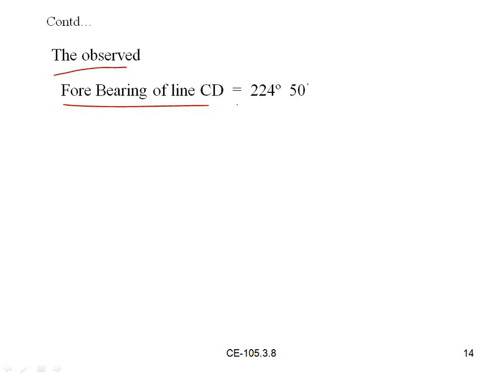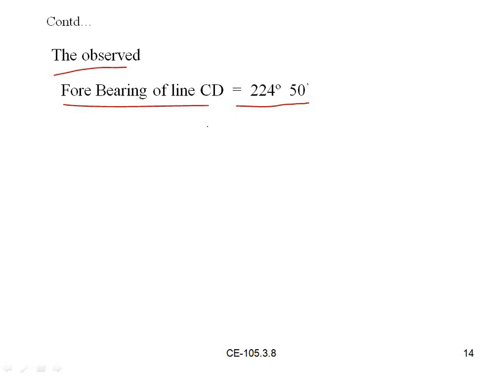Therefore the observed bearings at station C and D are correct. The observed forward bearing of line CD is equal to 224 degrees 50 minutes. So we have to start from the corrected bearing, that is the line CD.